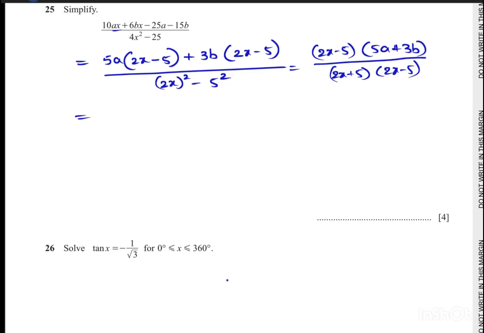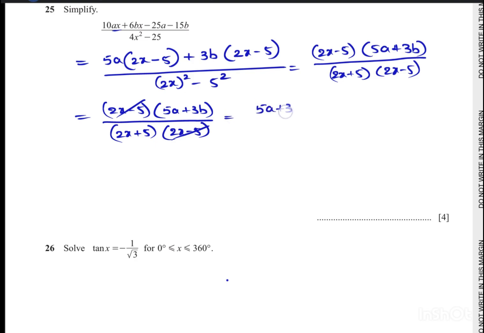Next again 2x minus 5 into 5a plus 3b by 2x plus 5 into 2x minus 5. 2x minus 5, 2x minus 5 cancel, you get 5a plus 3b by 2x plus 5. So this is the final answer, simplified answer for the given question.